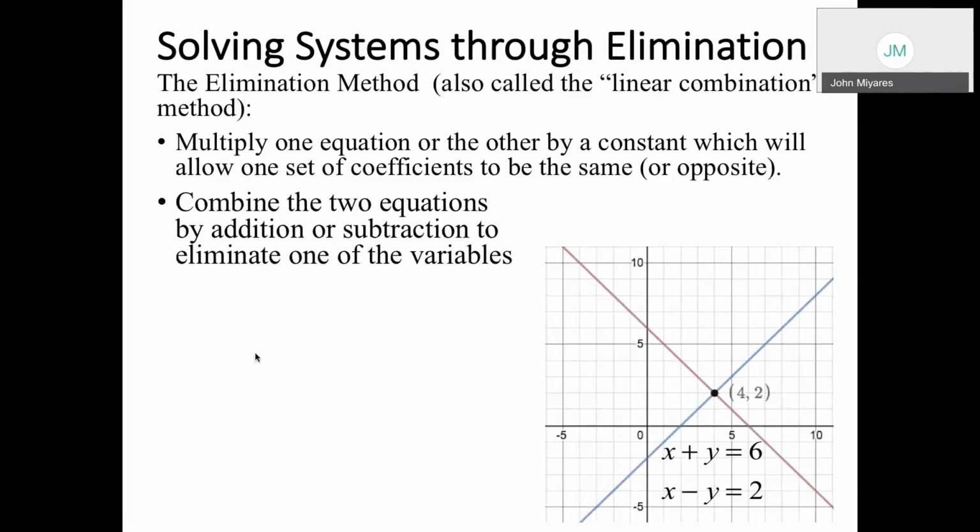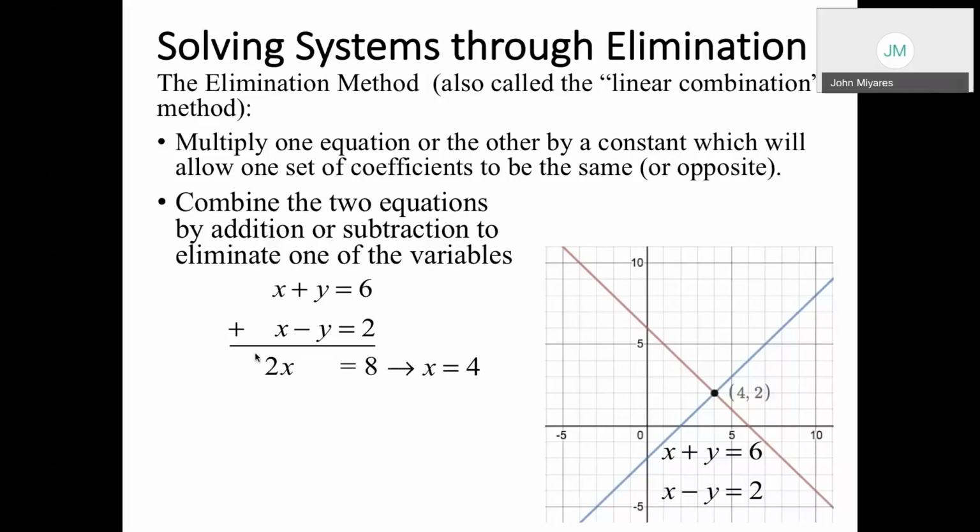Now for this problem, the coefficients of all of the variables are either -1 or +1. So we could take these two equations and add them to each other right away, which will make the y's fall out, giving you 2x equals 8, which then we can divide both sides by 2 to get x equals 4.